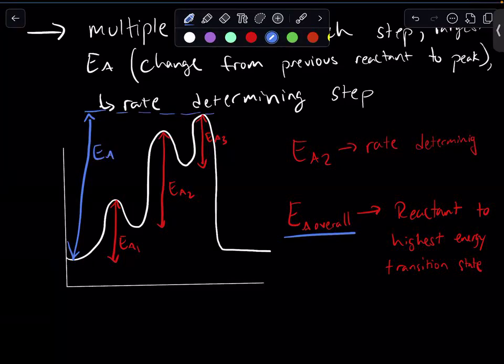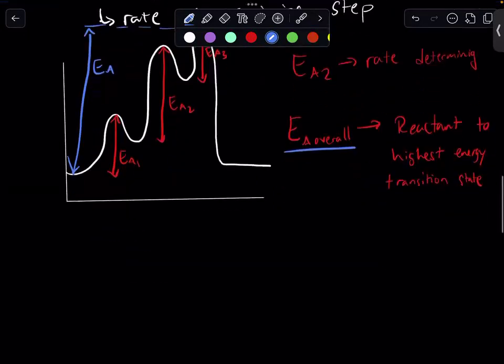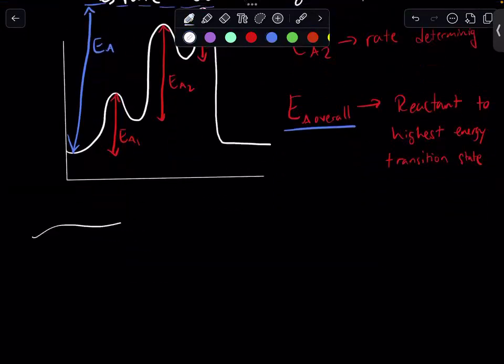And something to know about the activation energy of a reaction is it comes from the overall reactant to highest energy state, not just the largest activation energy of a given step. So that is our reaction profiles, as well as activation energy along with it.